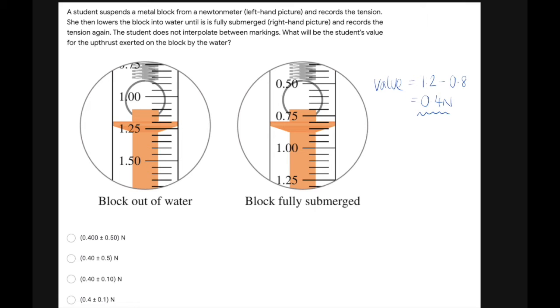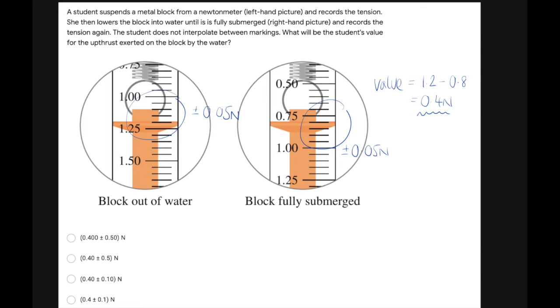Now, what is the uncertainty in each of these readings? Remember, the uncertainty is plus or minus the smallest scale division. Looking at this scale, the uncertainty is going to be plus or minus 0.05 newtons. Equally, the scale on this one has exactly the same precision, so an uncertainty of plus or minus 0.05 newtons again.